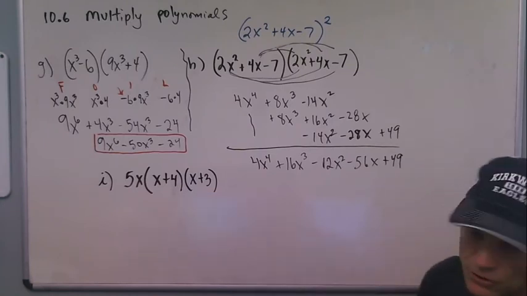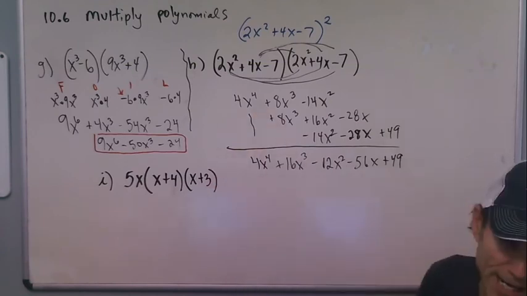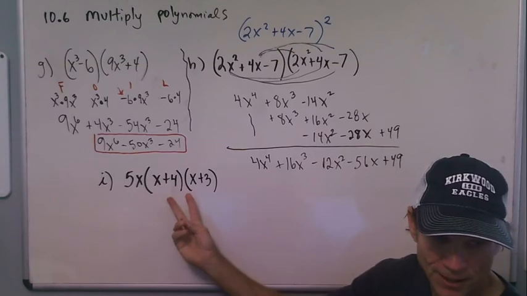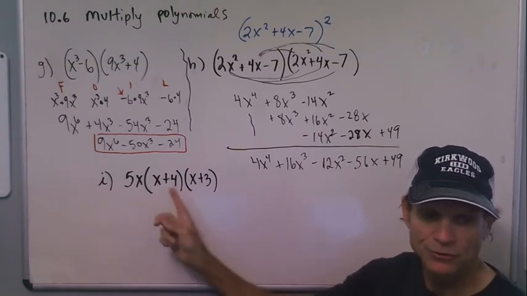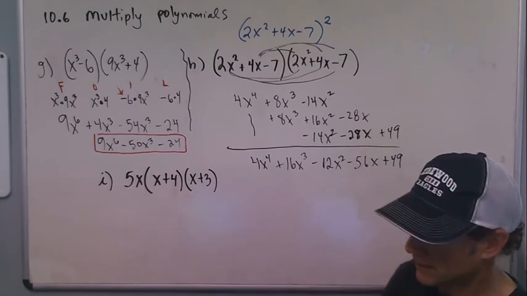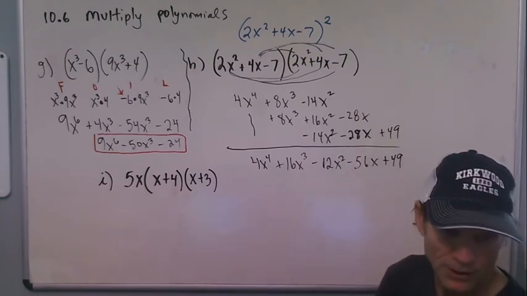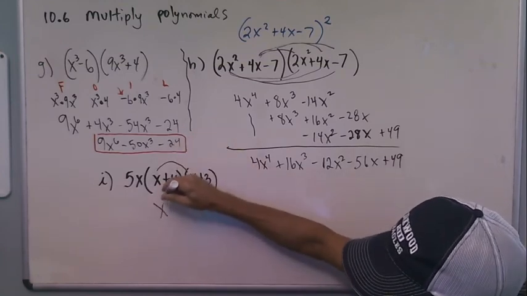Okay. All right, and then let's look at this last one here for multiplying. It's a little easier than H, but one technique you might learn that helps out is to do this FOIL first here and then distribute the 5x. So I'm going to take care of this FOIL, and I'm just going to work it out a little quicker. We have x times x is x squared.